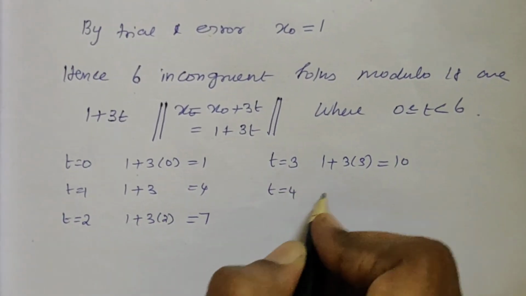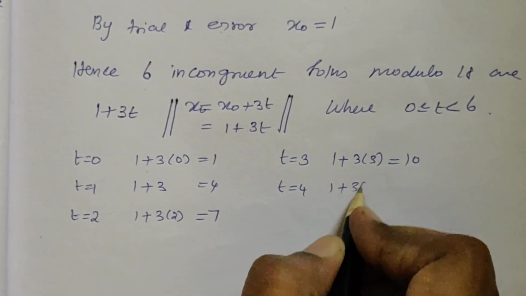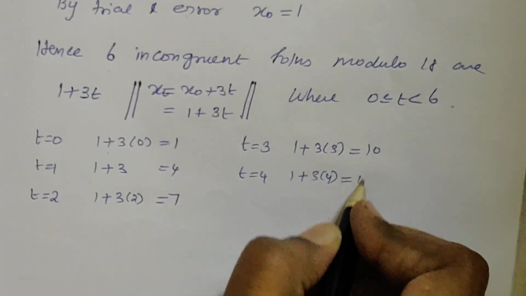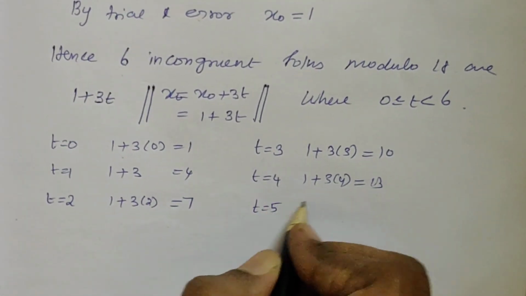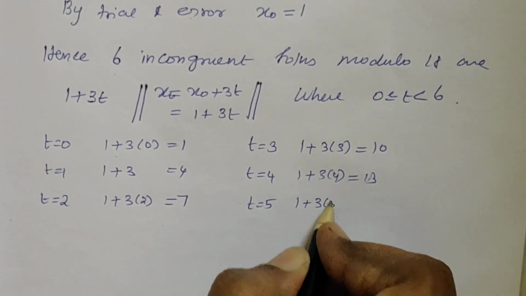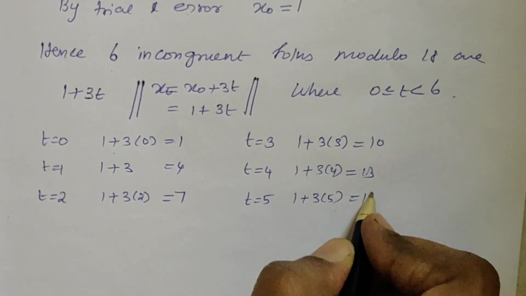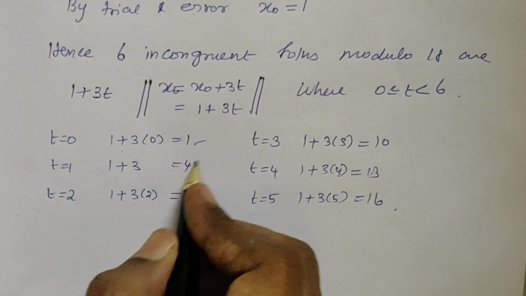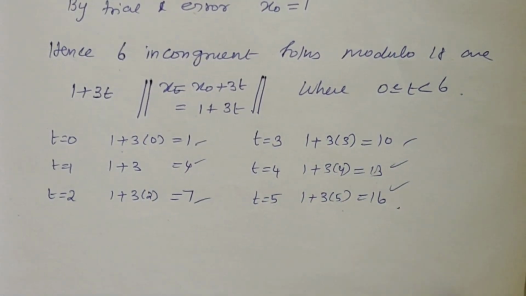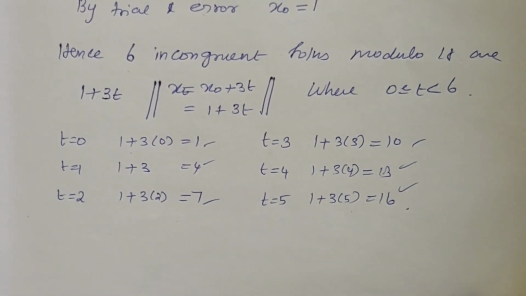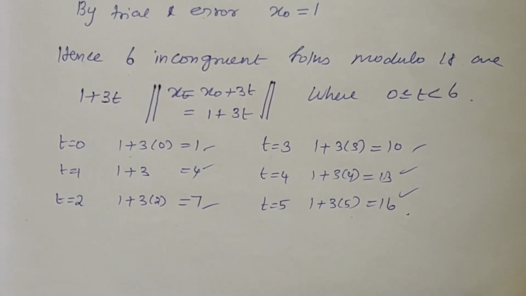When t is equal to 4 you will get 1 + 3 into 4, 12, plus 1, 13. When t is equal to 5 you will get 1 + 3 into 5, 15, plus 1, 16. So 6 incongruent solutions modulo 18 exist here.